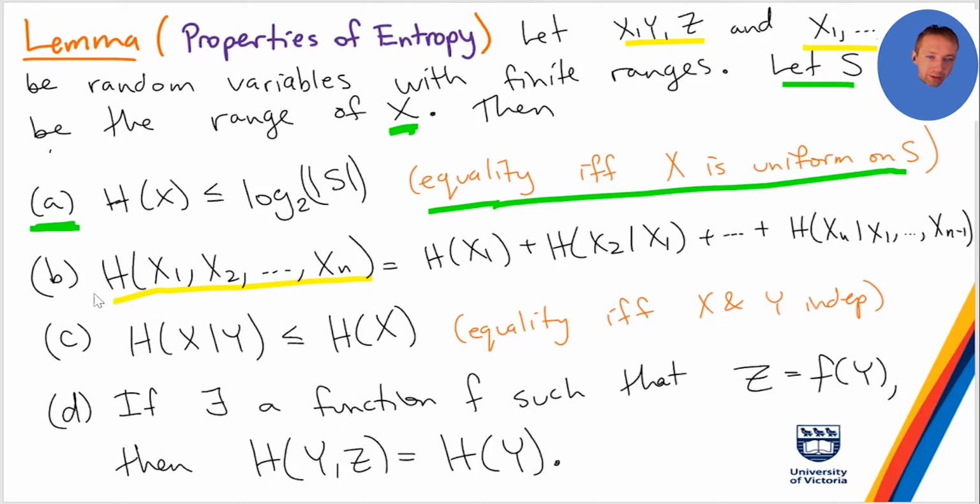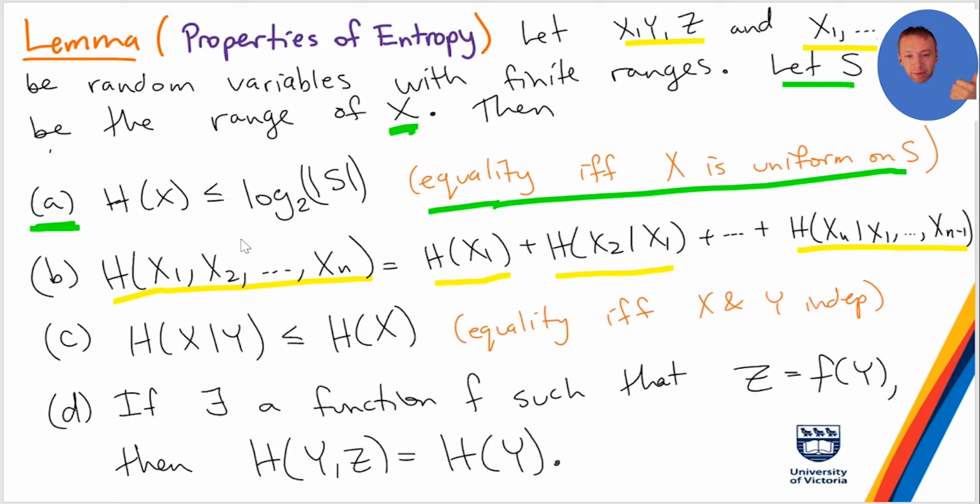The entropy of that random variable is the same as the entropy of X1, plus X2 given X1, plus X3 given X1 and X2, and X4 given X1, X2, and X3, and so on up to Xn given X1 up to Xn minus 1. Intuitively, we saw that on the last slide in the poll. The idea is: how much information is revealed by learning X1 up to Xn? It's the same as asking, how much did I learn from finding out the value of X1?